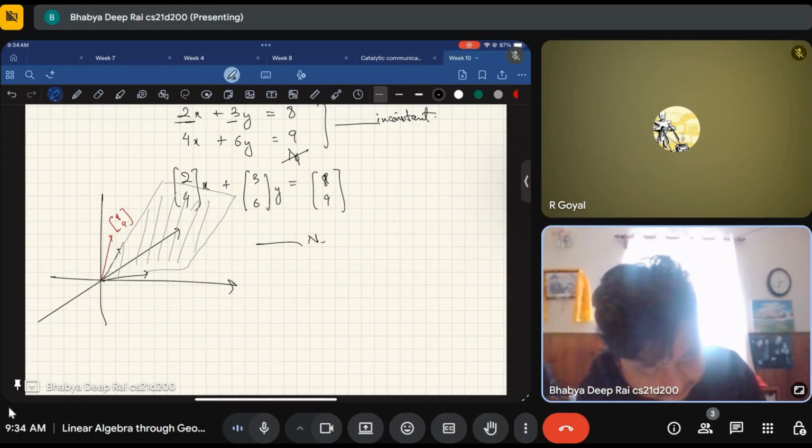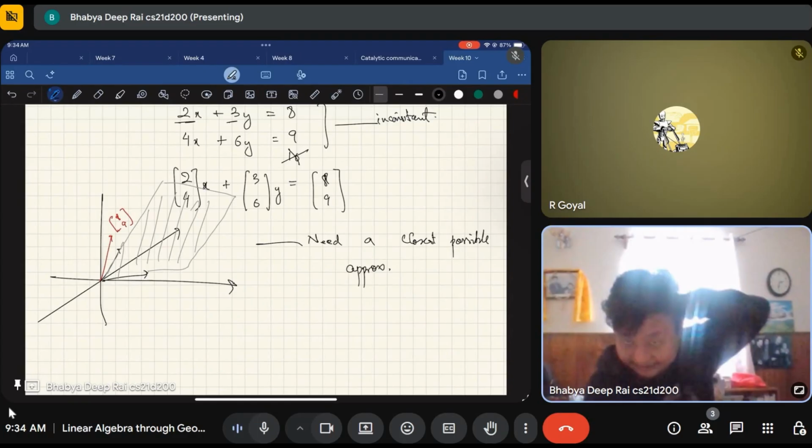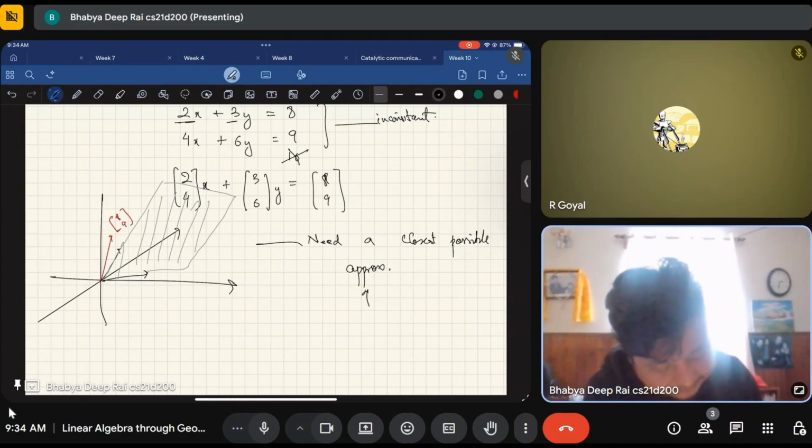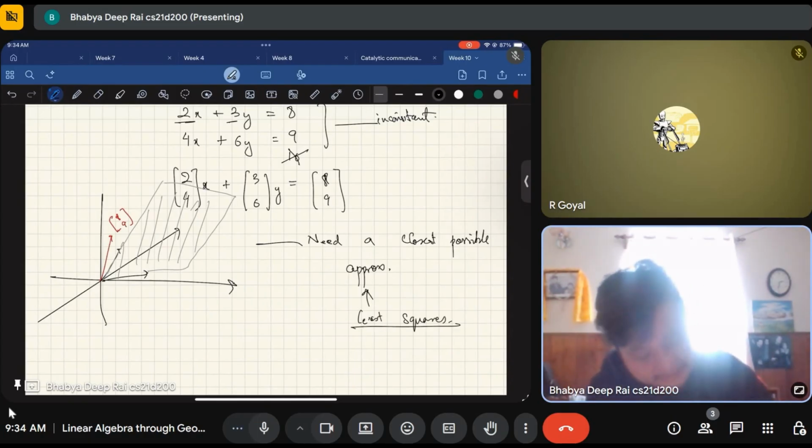So we need the closest possible approximation. Okay, and that is what the least squares method does. And how does it do it?